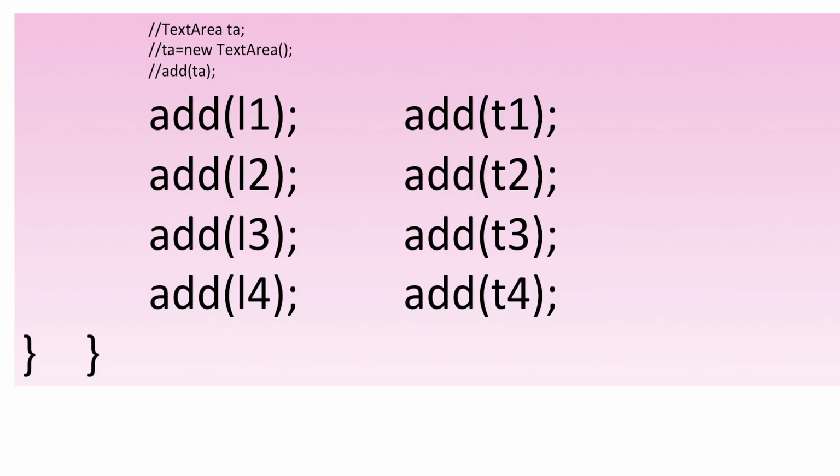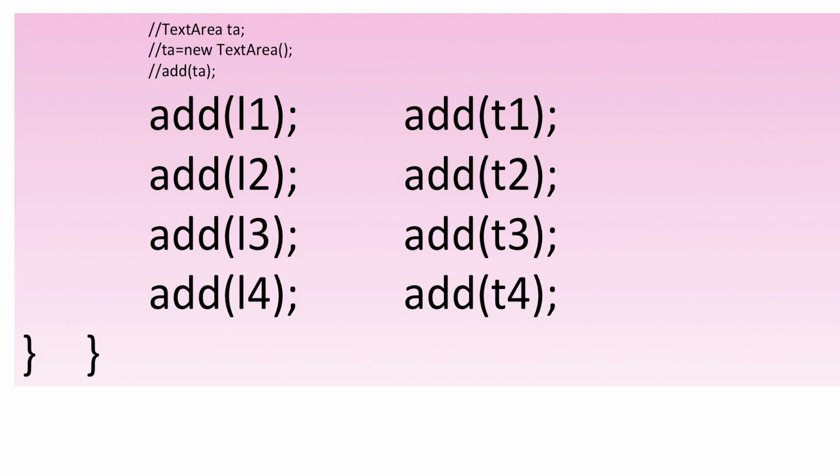Add L3, add T3, add L4, add T4. So we have four labels as well as four text fields, and after each label we are adding one text field. This way, when it executes, it will display four labels, and in front of each label we have a text field, and we have to use the line break.